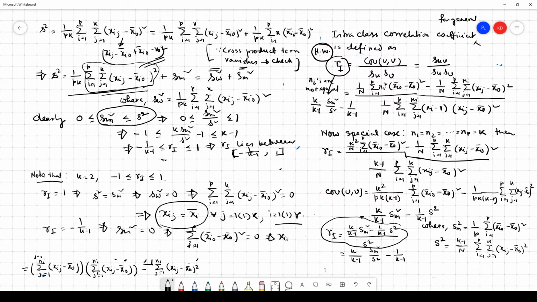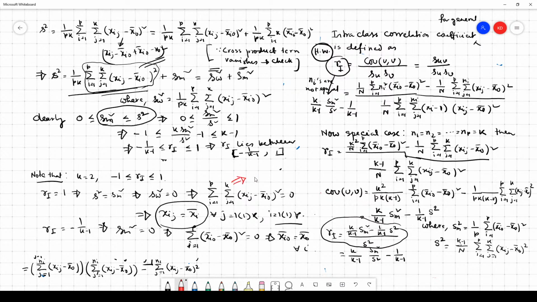This means xi bar is equal to x naught bar for all i. That means the ith family means are all equal, and which is equal to the grand mean.